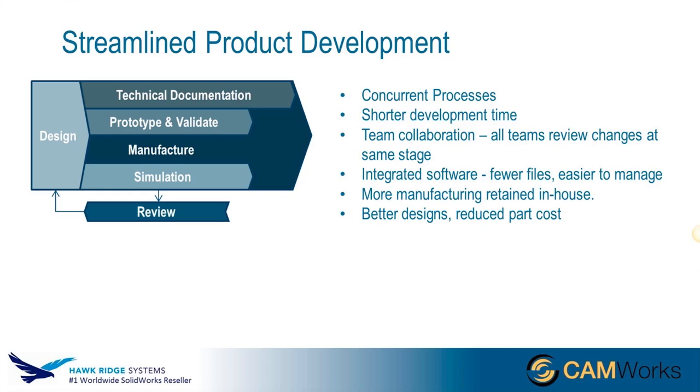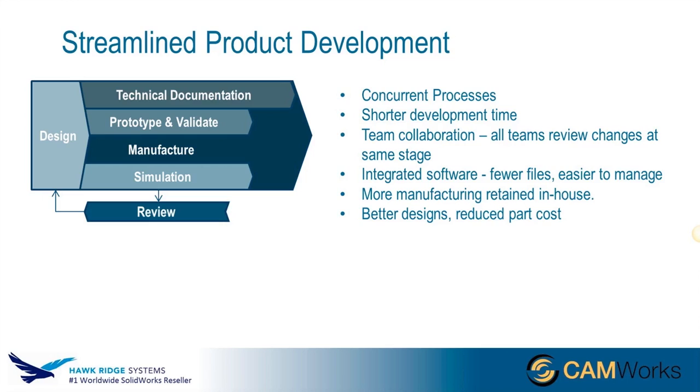The technical documentation guys can start producing their manuals at the same time as you are doing some prototyping and validation of simulation data. The programmers can get started and have their input on the models and say, hey, we can make this in-house, or it maybe needs to be outsourced. Everything's streamlined and concurrent, so everyone's communicating more, the time frame is shortened, and you're getting better collaboration between all of your teams.